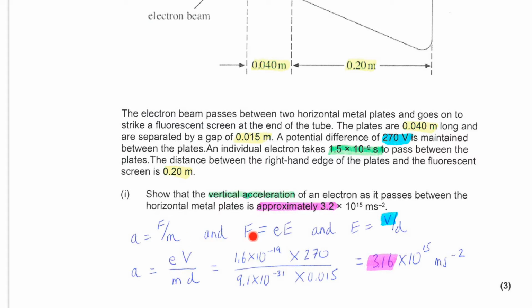Here we have the electrostatic force, which is the charge on the electron multiplied by the electric field strength. And finally, for parallel plates, the electric field strength is given by the potential difference divided by their separation. Putting all of that together leads to an answer of 3.16 times 10 to the 15 meters per second squared.